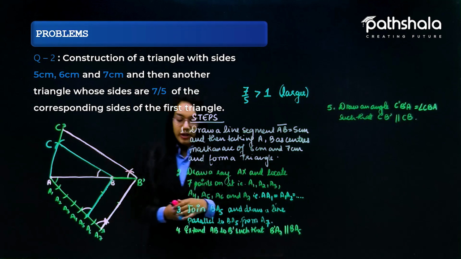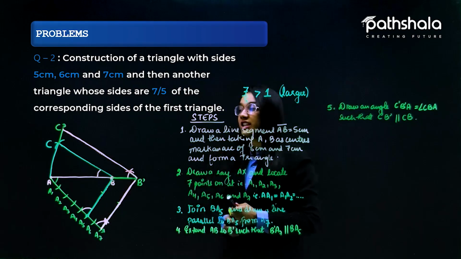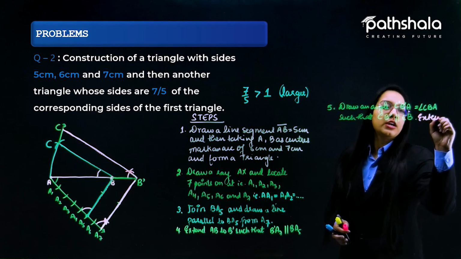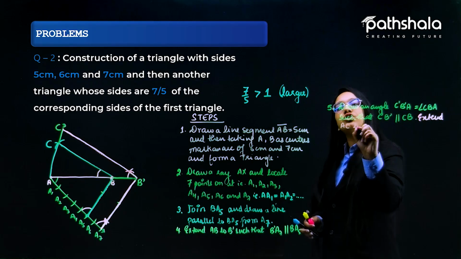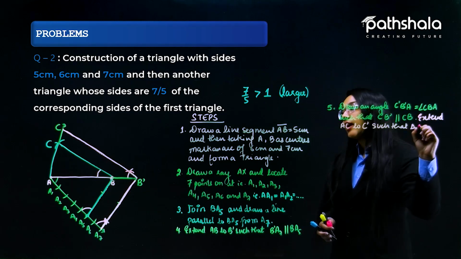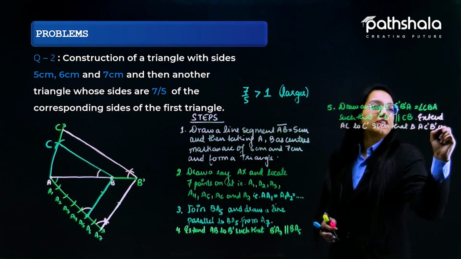And then the next step would be to extend AC to C dash such that the triangle AC dash B dash is the required triangle.